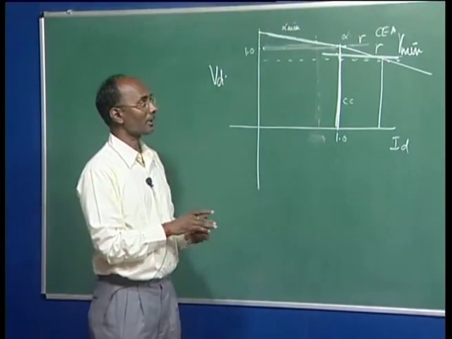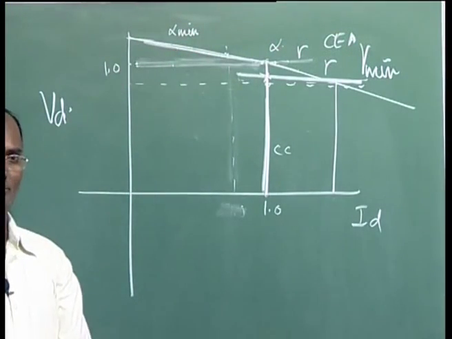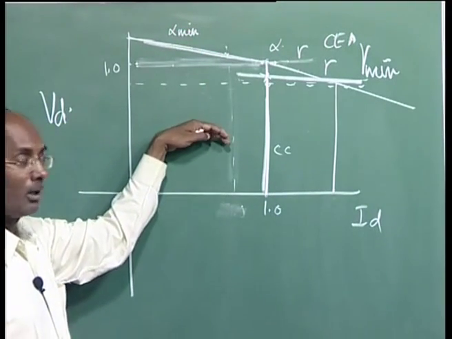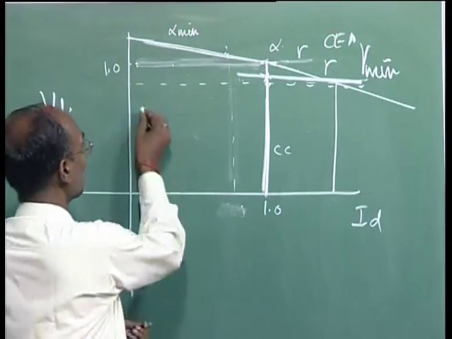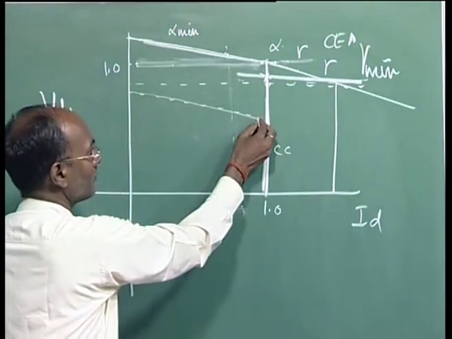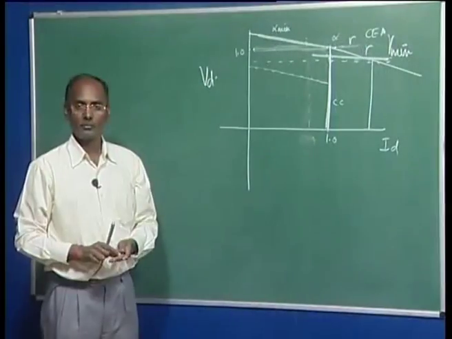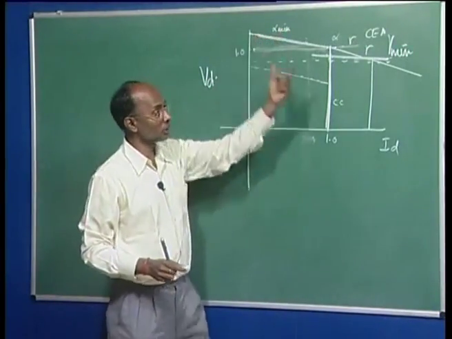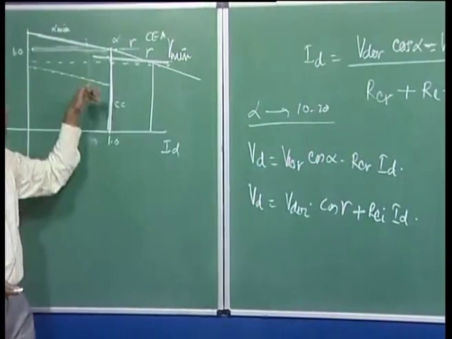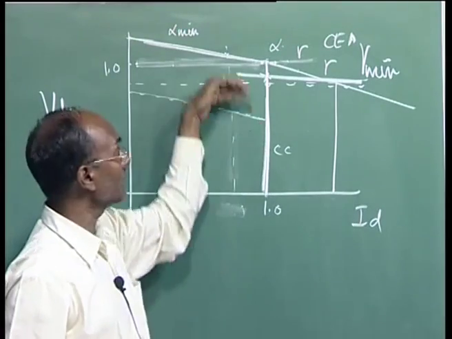Now another characteristic you can see: even though this voltage has fallen down, what will happen? There is a possibility you are here. If this voltage is down, it means this value is reduced tremendously due to a fault, etc. Even though you are hitting the alpha minimum, the characteristic will shift here, because it will come down.